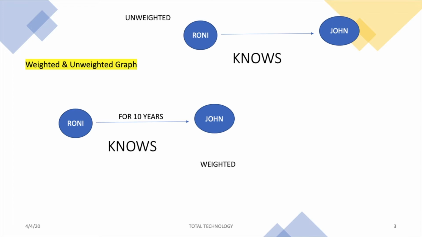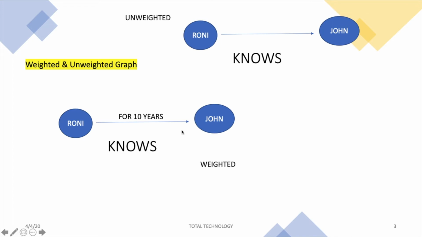For a weighted graph, the relationship must represent some property, meaning the relationship gives you some insight about the data. The only difference is that with an unweighted graph you can only understand whether a relationship exists or not, and with a weighted graph you understand whether a relationship exists, what it actually means, and some more insight about the data.